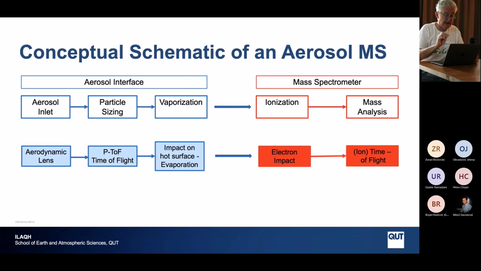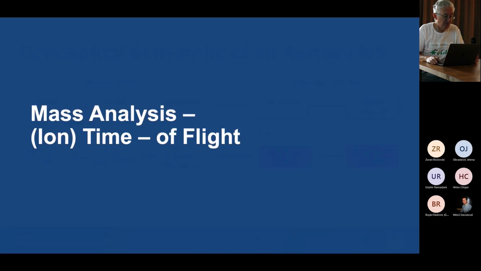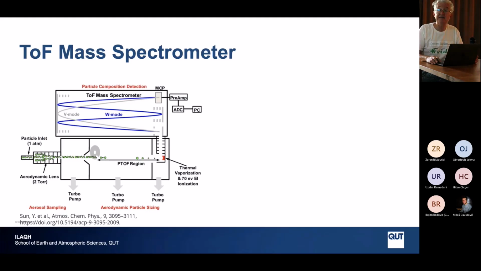So now we've got the electron impact, and then the particles can go into a time-of-flight mass spectrometer. It can be a different one, but in our case, it's the time-of-flight. So this is how the instrument works. The bottom part is your interface, chopper, evaporator, ionizer. Now your particles are ionized, and they are somewhere down there where that red dot is.